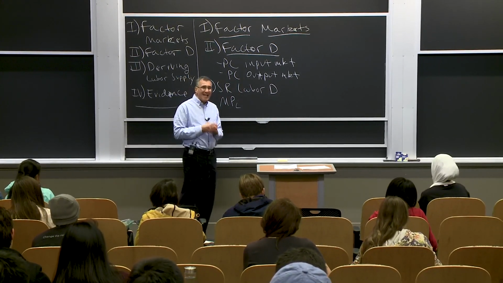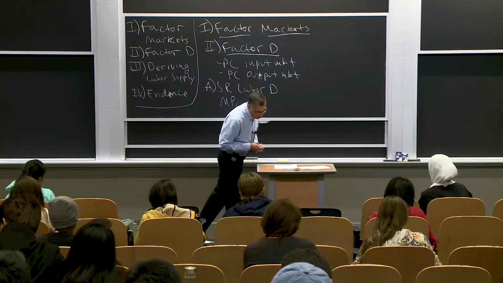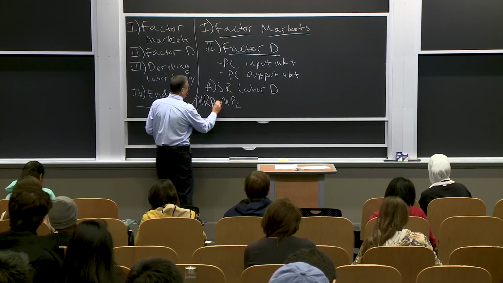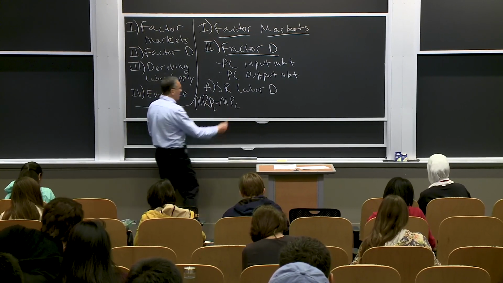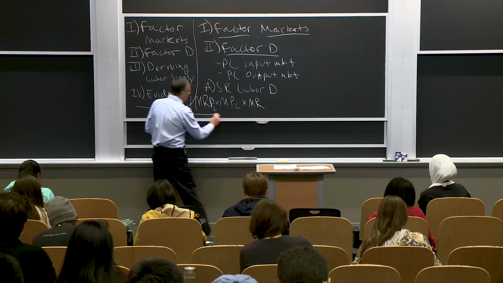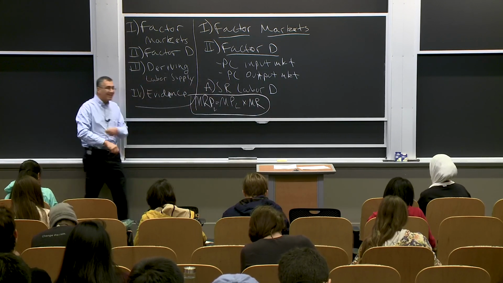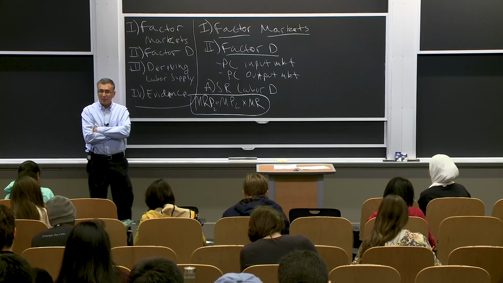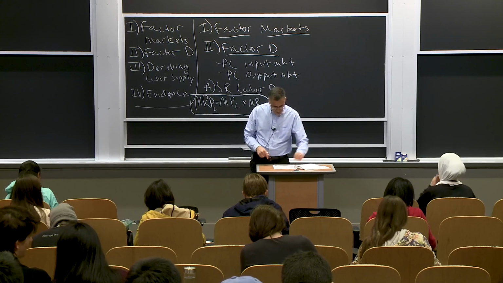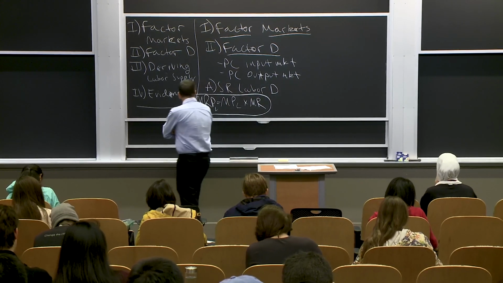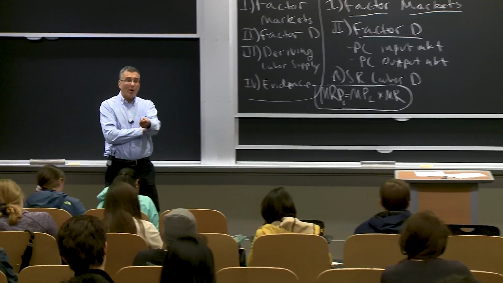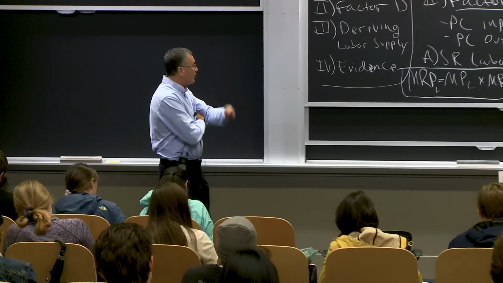So the value of the next unit of labor is what we call the marginal revenue product, MRP sub L. The marginal revenue product is the marginal product of labor times marginal revenue. That's the benefit of another unit of labor. It's not just what they make, but what it's worth. The value of another unit of labor is that it makes a marginal product amount more stuff, and you sell that at the marginal revenue.